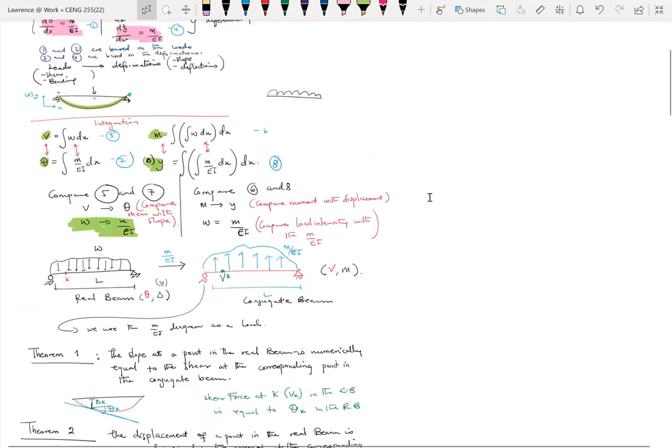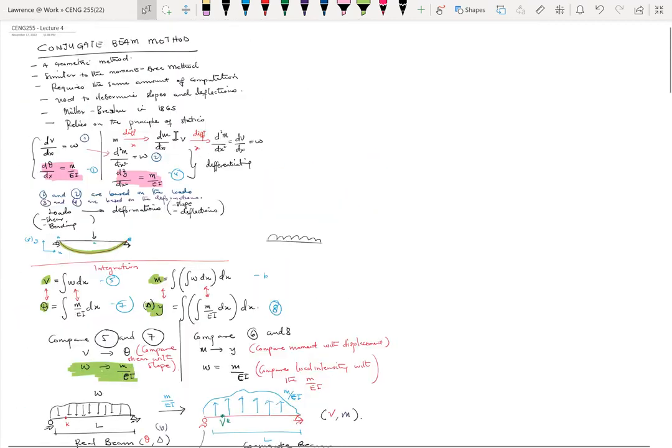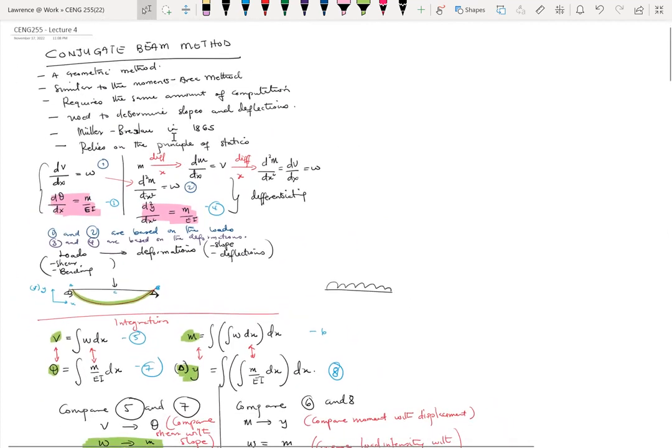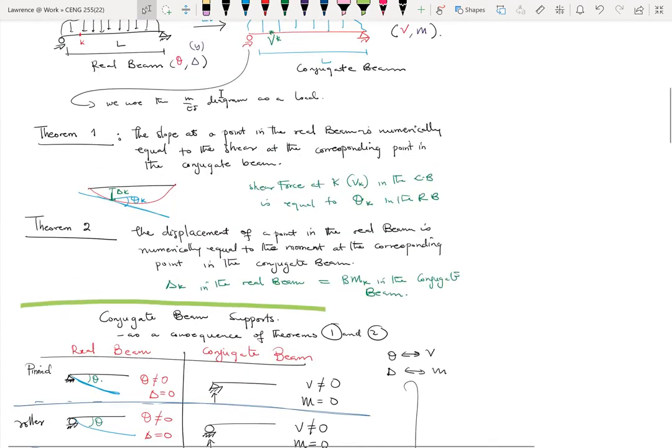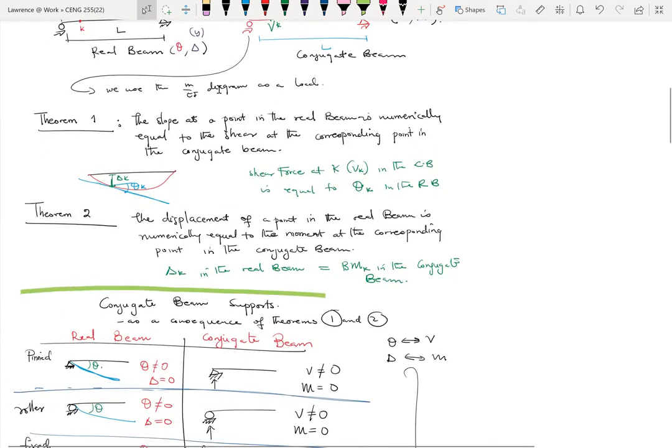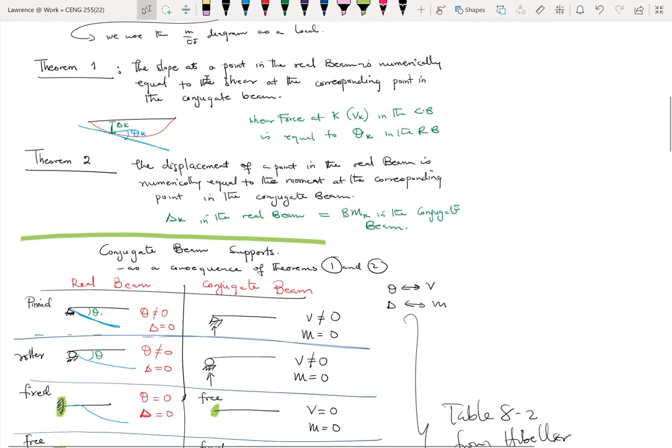So let me just go through what we have for today. We looked at the conjugate beam method. We explained that it is an example of the geometric method, the same as that of the moment area. We looked at the correlation between loadings and deformations, and we were able to develop two theorems based on that. From there, we looked at what we call the conjugate beam.